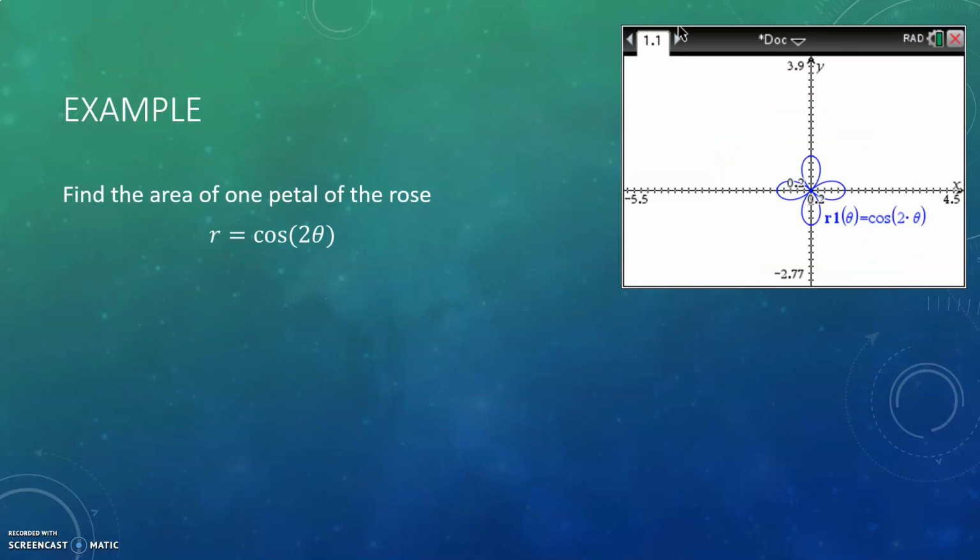Another example, we want to find the area of just one petal of this rose. If theta is equal to 0, I would start here. That would only be half of a petal.